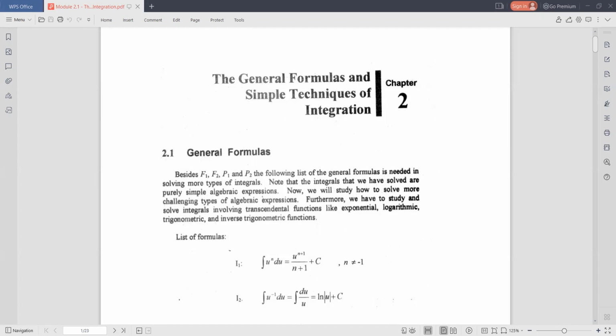Okay, good afternoon. So previously, we discussed some of the basic properties and formulas of integral. So we discussed some basic formulas and principles, symbol notations or symbol annotations.